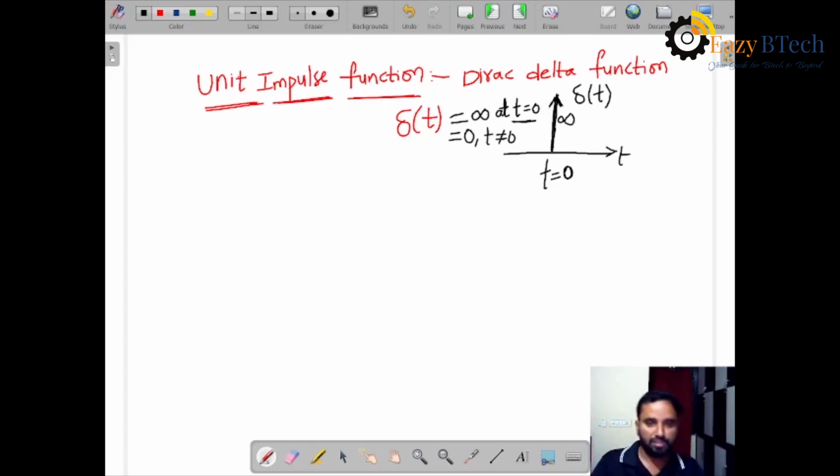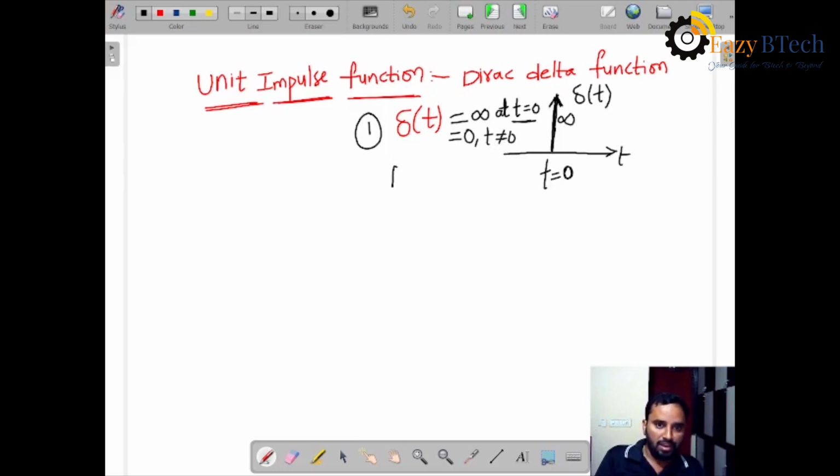This is the simple definition of the impulse function. Unit impulse function means del of t is infinity at t equal to 0 and is 0 for t not equal to 0.